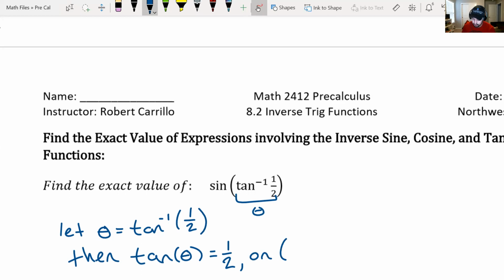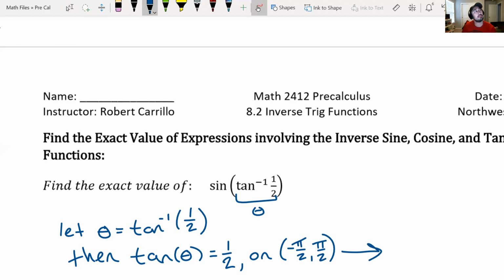On the interval negative pi over 2 to pi over 2. So with that information, we plot it on the unit circle, but we only plot it on the restrictions for the inverse tangent on the unit circle.